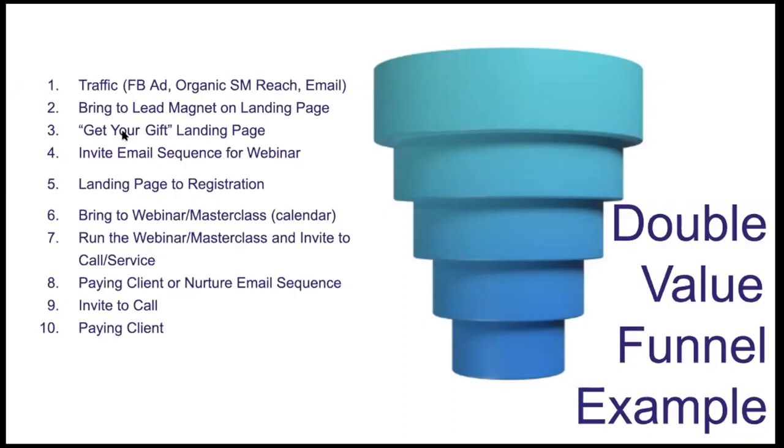You can do organic reach, you can do email, but you're bringing them the lead magnet on the landing page, so your PDF that we're creating, and we say that landing page is, hey, get your free gift right here. So after they download your lead magnet and they come to that second page, guess what? Because you've downloaded my guide, I want to give you a free gift, and it's a breakthrough call, 30 minutes or 60 minutes, and so you're giving them a gift on that landing page.